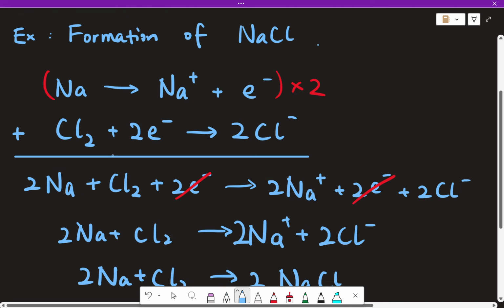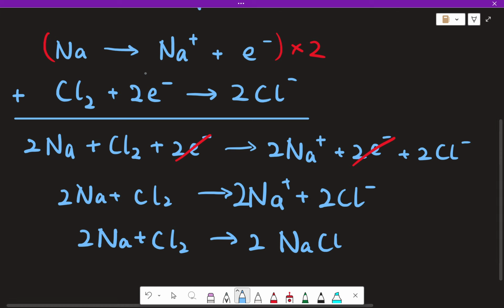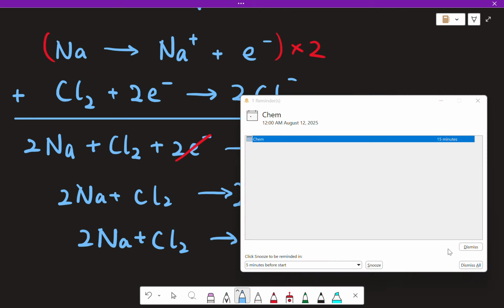And by writing out these reduction and oxidation half equations, and by adding them together, we also completed the balancing of this reaction.